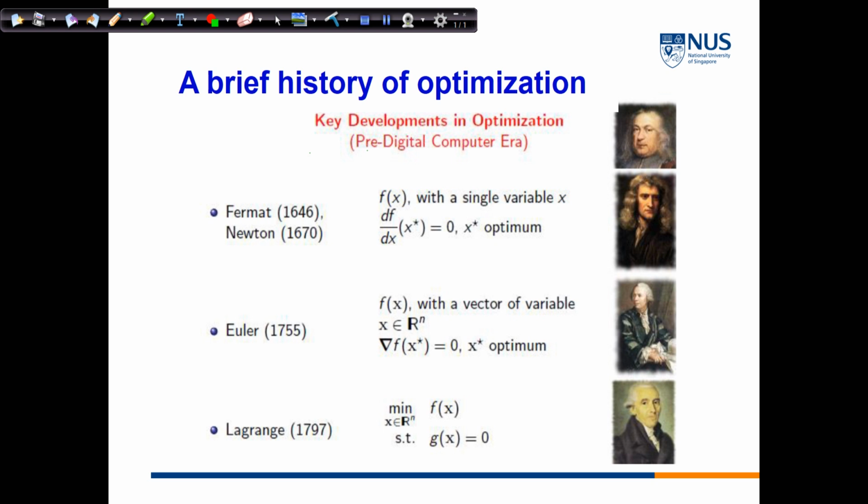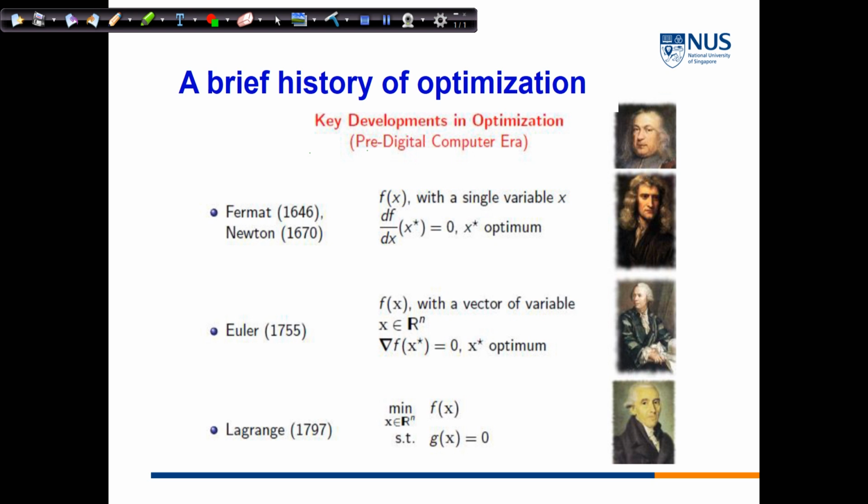This is the very original development of optimization. But that's the pre-digital computer era. It's not like today where we solve all the problems on computers. That's from the analytics, when you handwrite all the equations and solve them. Many of them stayed at a conceptual stage. They were not able to solve large-scale problems.